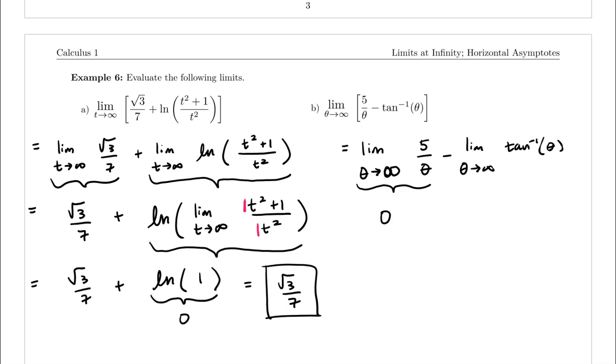We know that this is going to go off to 0. And then we saw earlier that the limit as theta approaches infinity of arctangent is equal to pi over 2, so I'm just going to copy that over. So we have 0 minus pi over 2. Our final answer in this case would be negative pi over 2.